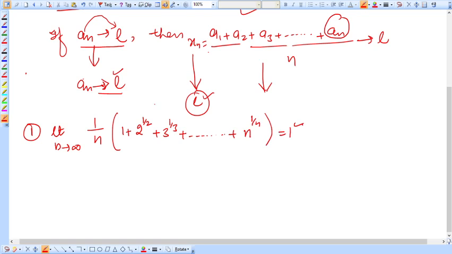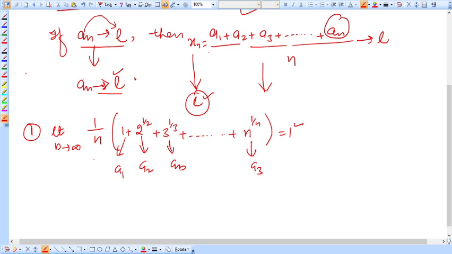Pretty simple, you see. It could be written here: a1 is equal to 1, a2 is 2 raised to power 1 by 2, and a3 is this, and this is an.